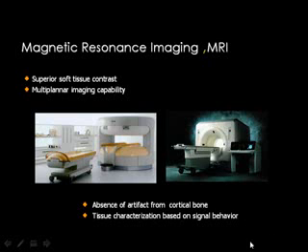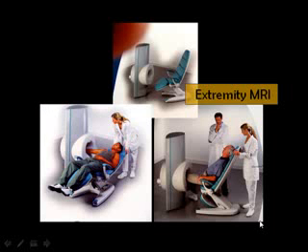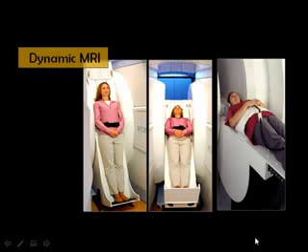The first role of MRI in musculoskeletal imaging is detection of bone marrow lesions. Then the bone marrow infiltrations can be easily delineated by MRI, as I will show you. This is the extremity magnet, which has been mentioned this morning, and this is the dynamic MRI.